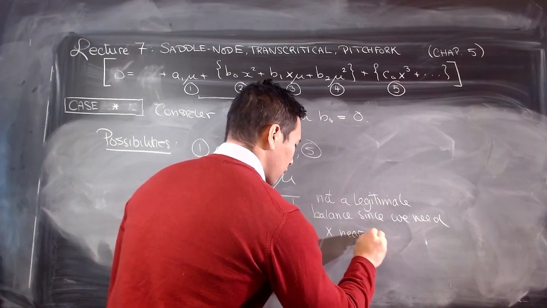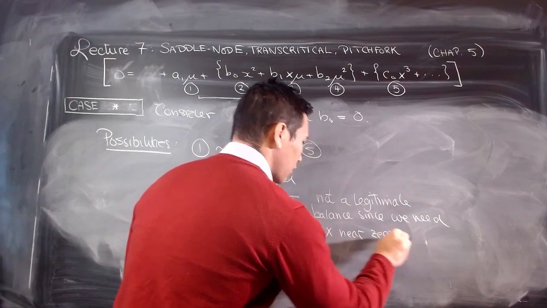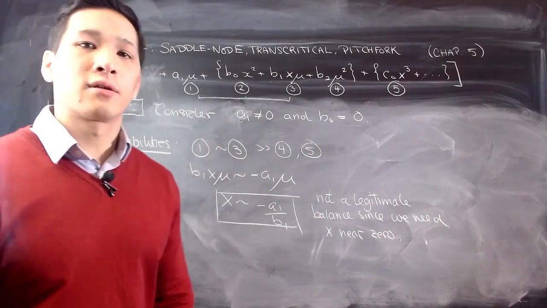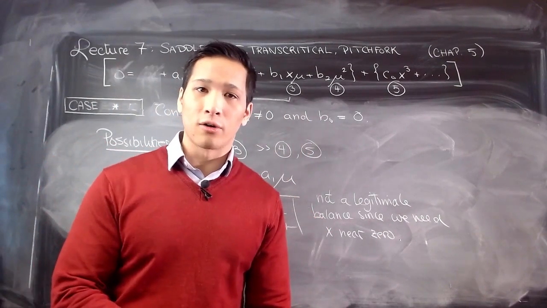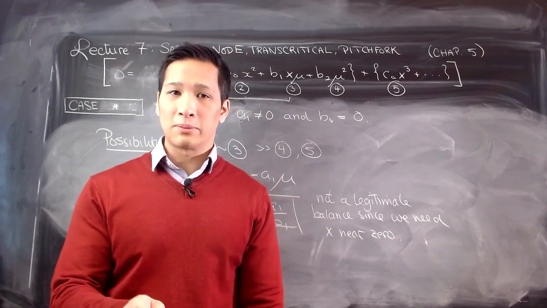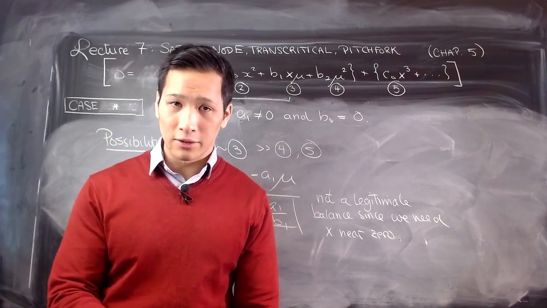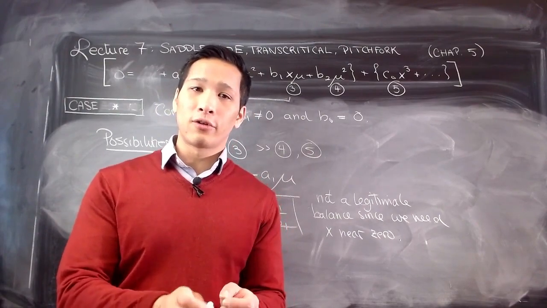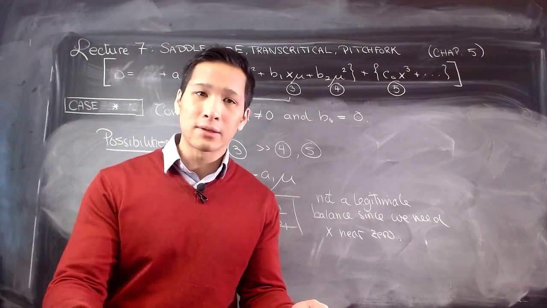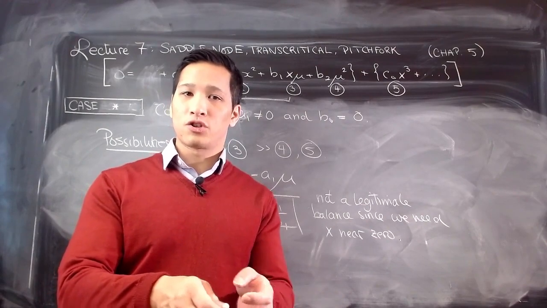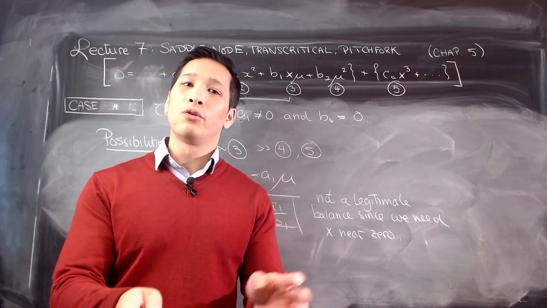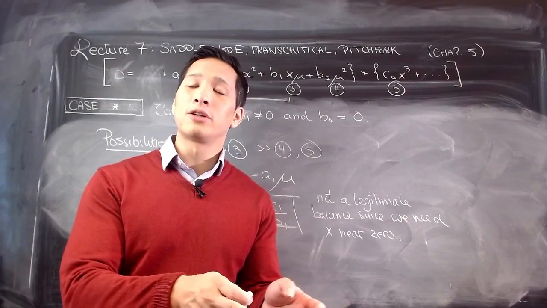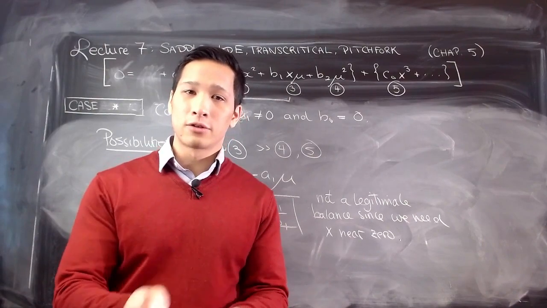In this local analysis, from the get-go, 2 lectures ago, we started off with the assumption that the fixed point when mu is equal to 0 is located at x equal to 0. And you're looking at the behavior of this fixed point as it splits or as it changes stability when mu increases past 0, goes from the negatives to the positives.